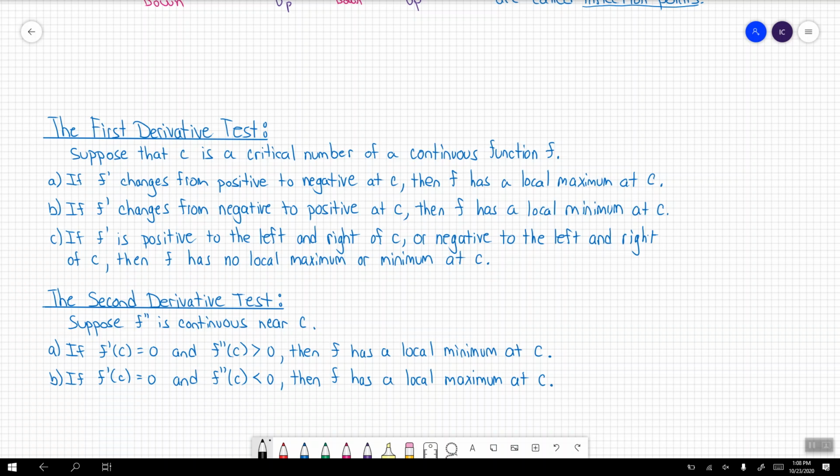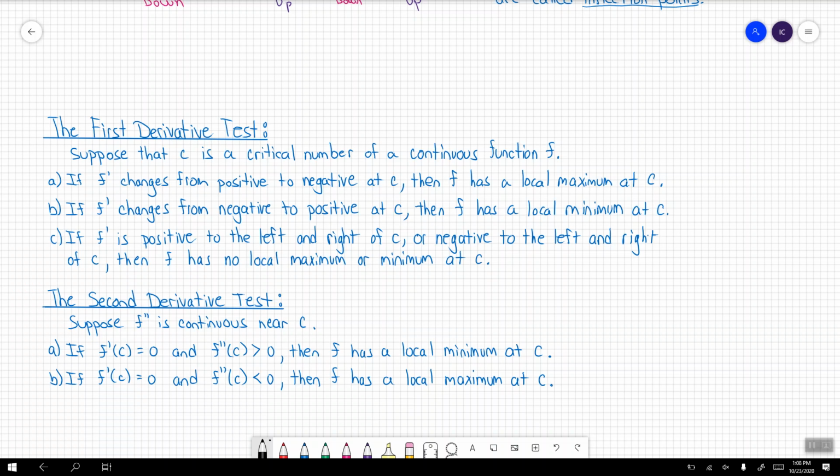Number 1, if the derivative changes from positive to negative at the value of C, then the function has a local maximum at the value C. Number 2, if the derivative changes from negative to positive at C, then the function has a local minimum at C. And number 3, if the derivative is positive to the left and the right of C, or if it's negative to the left and negative to the right of C, then the function has no local maximum or minimum at C.